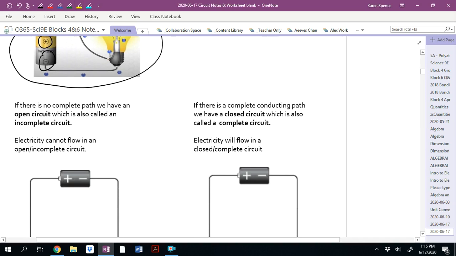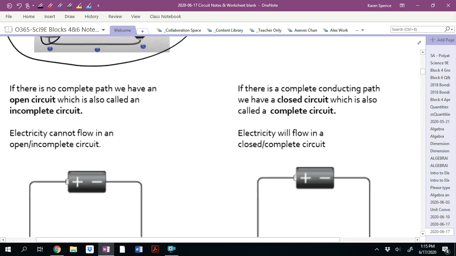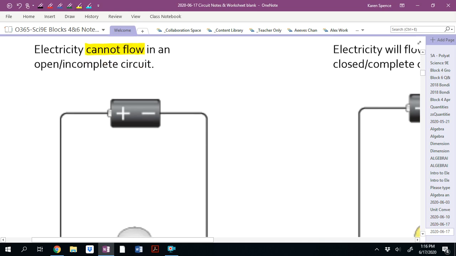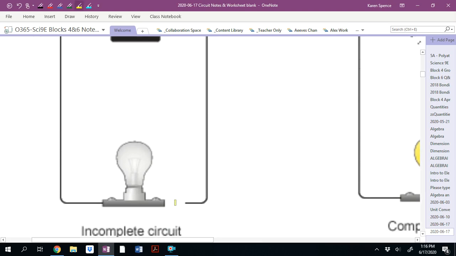Okay, next we're going to talk about an open circuit. An open circuit is also known as an incomplete circuit. This is where the electricity cannot flow because there is no complete connection. Look at that. Uh-oh. There's an air gap. Air has no free electrons, so it's a terrible conductor.